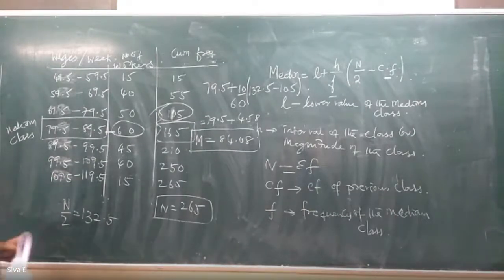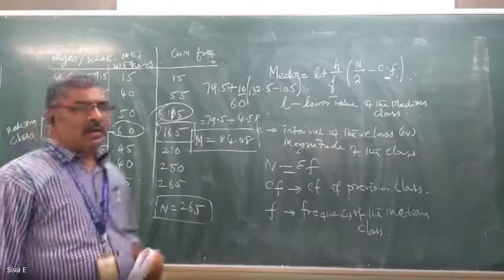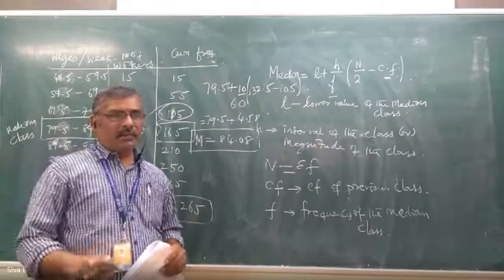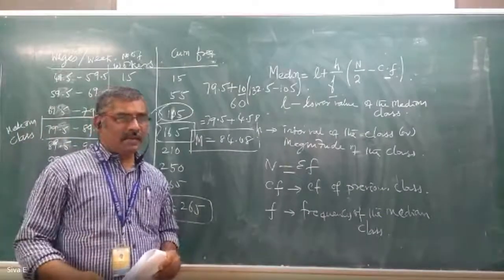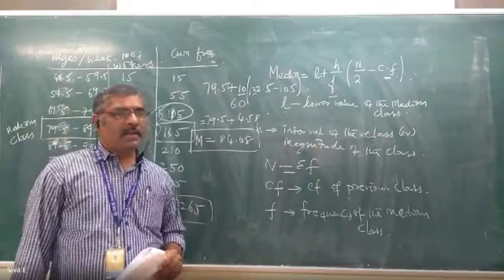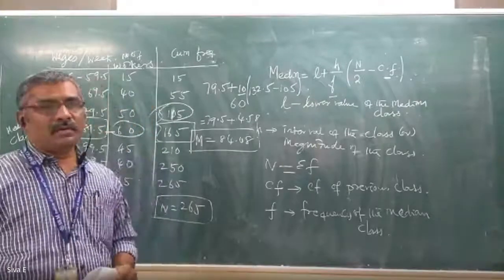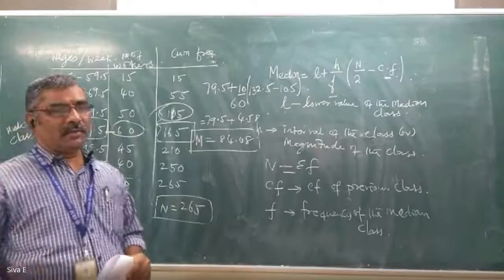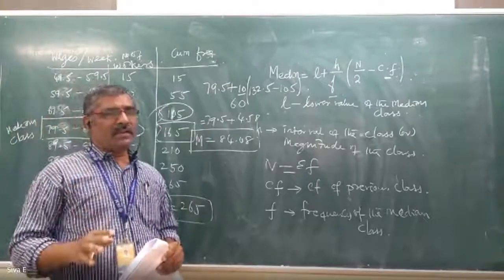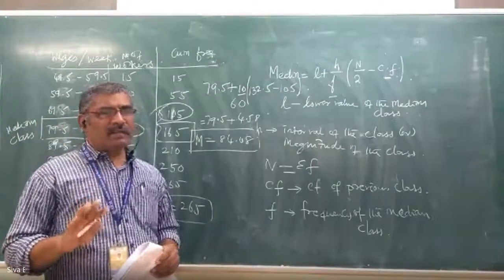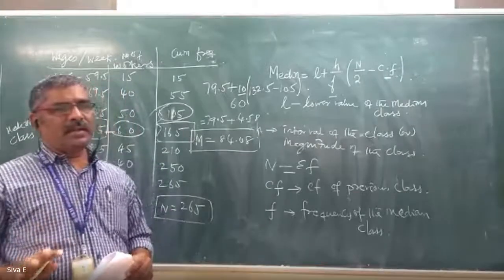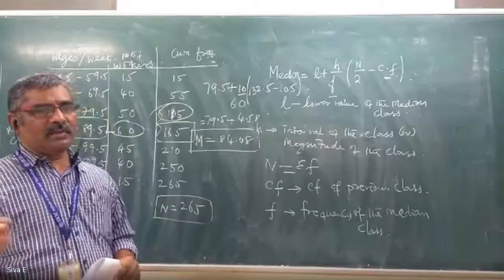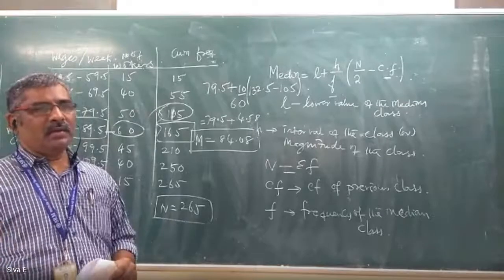So now we have discussed the median of the individual type data, discrete type data and continuous type data. For the discrete type data, we find n plus 1 by 2 if the number of observations is odd. In case the number of observations is even, we find n by 2 plus n plus 1 by 2, divided by 2.